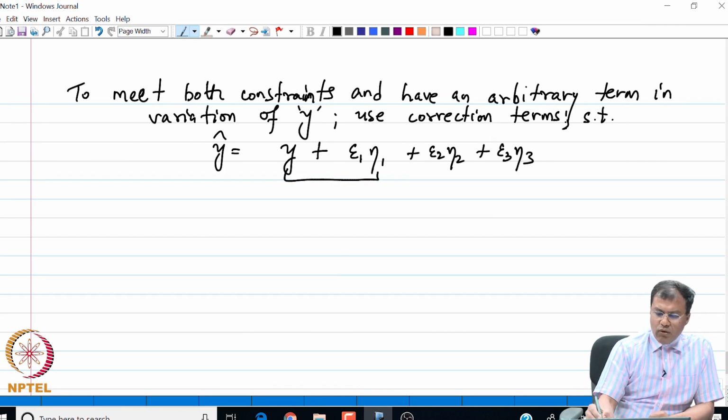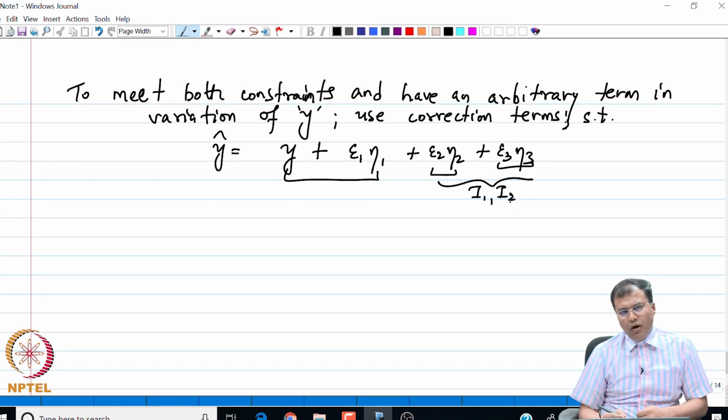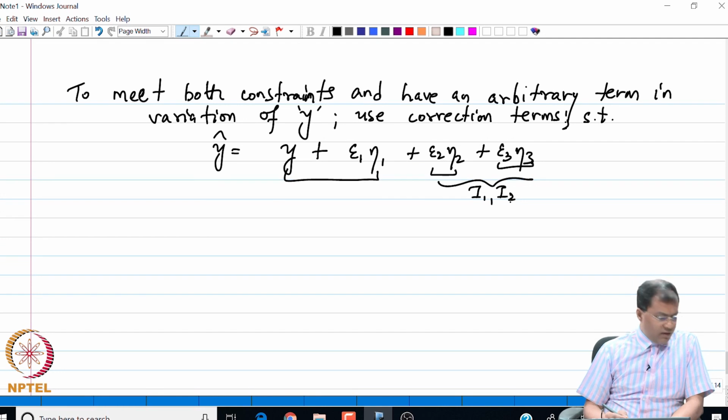So, this is my regular perturbation, and these quantities are introduced so that I 1 and I 2 are satisfied. The two isoperimetric constraints are satisfied.